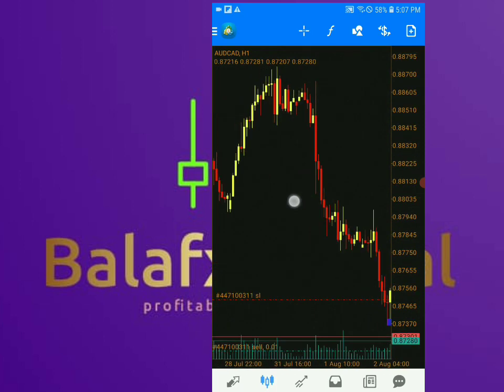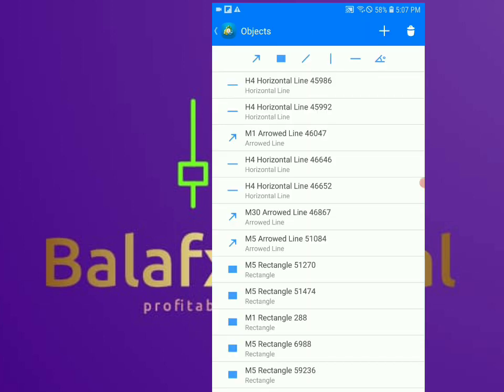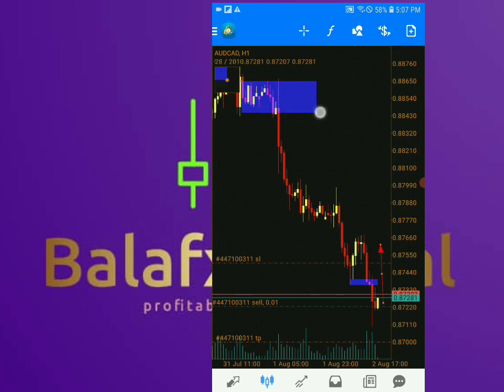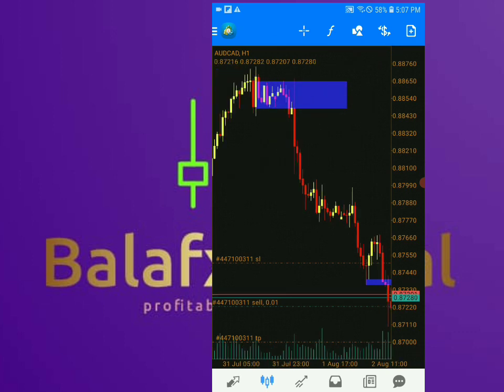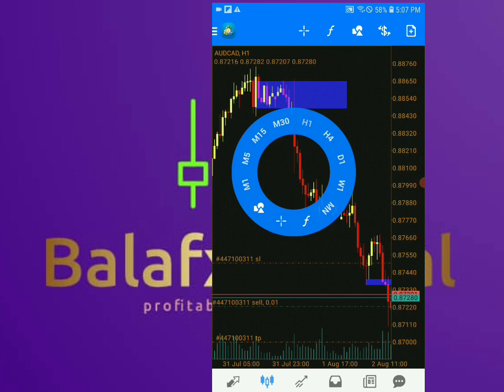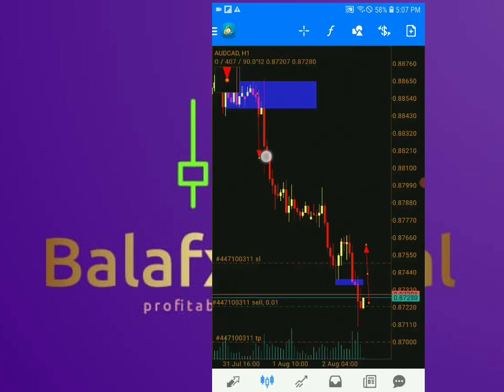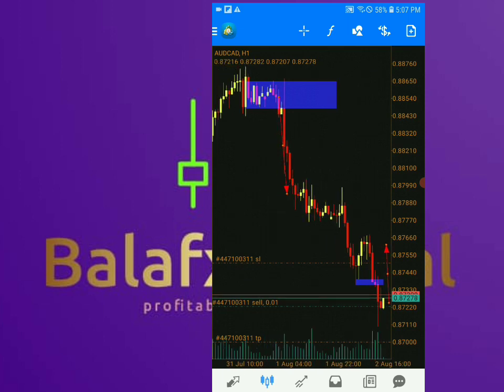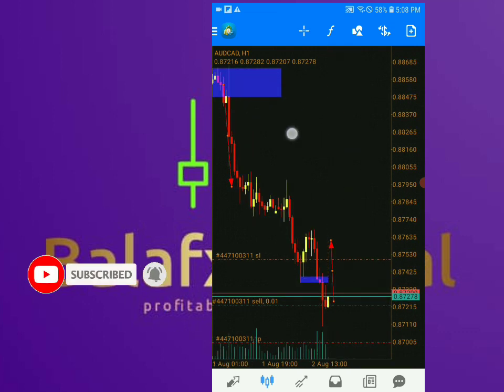Like when I sell in this zone, like imagine I sell from here. I sell an order. After I sell, I'm in profit. So what I will do is I will shift my stop loss down. Like I'm in profit.